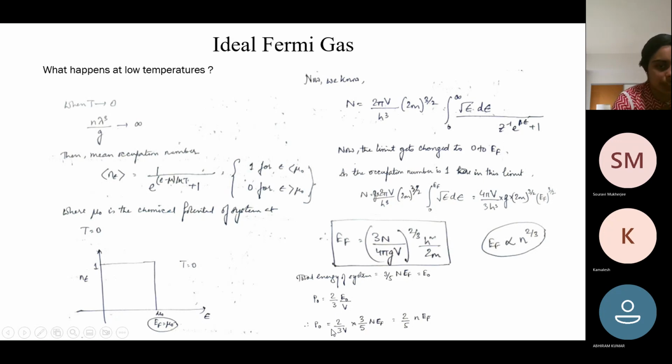So how does the pressure of the system depend on the number density? Pressure is written as 2/5 n times the Fermi energy. Can you tell me what kind of function pressure is in terms of n, small n? It's pretty straightforward. Just look at the expression.